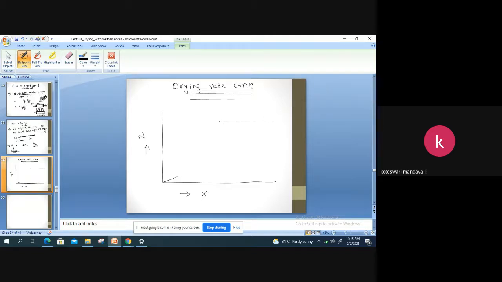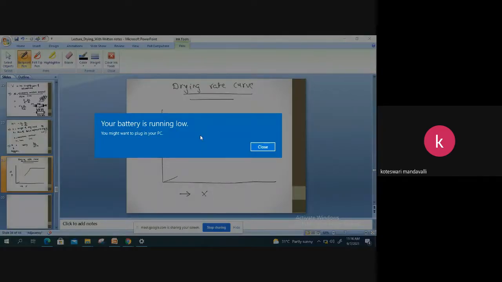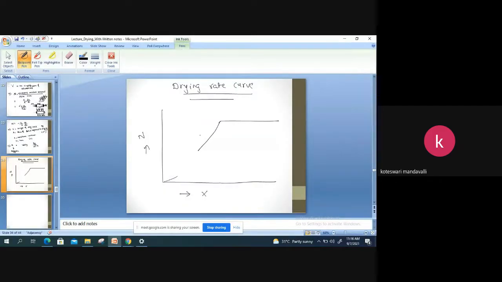So this is a straight line and this is some curve.